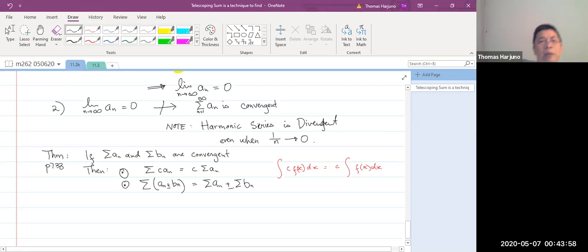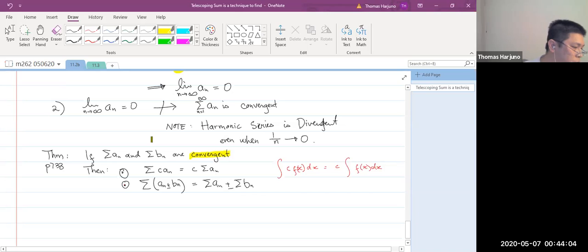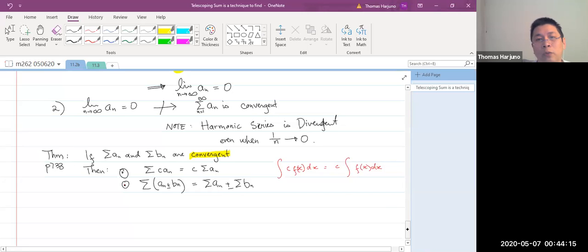But keep in mind, it is only true if those two series are both convergent. If they are not convergent, we cannot split them.